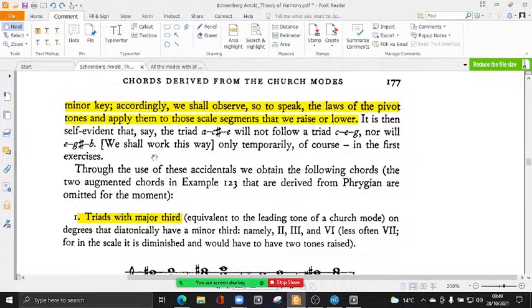Yes, it is self-evident that, say, the triad A C sharp E will not follow the triad C E G. Why not? We can do this, going to this. A pivot note C sharp has to go to D sharp or whatever. Chromaticism. Exactly.